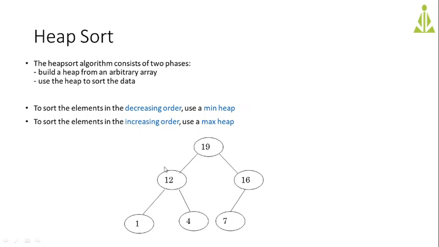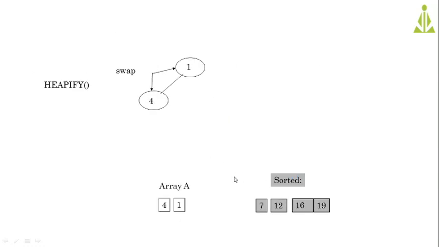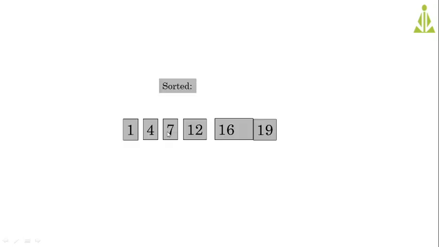We use the maximum heap and we got the increasing order. Our sorted list is 1 4 7 12 16 19. Clear? I hope you understand this.